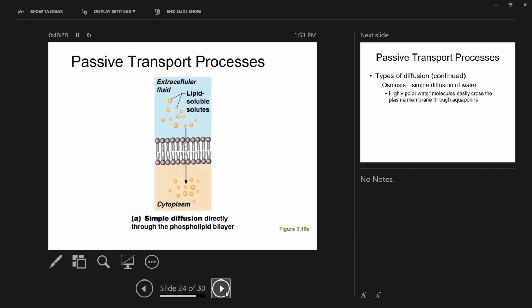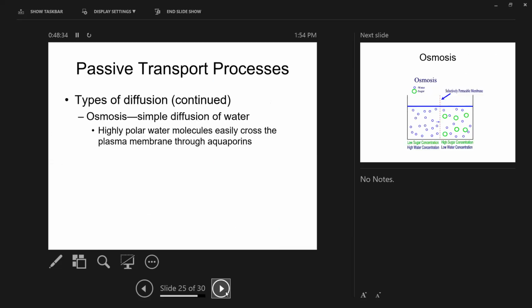Now, a variation on simple diffusion is called osmosis. Osmosis deals with the diffusion of water. Water molecules generally have no trouble getting into a cell through specialized channels.